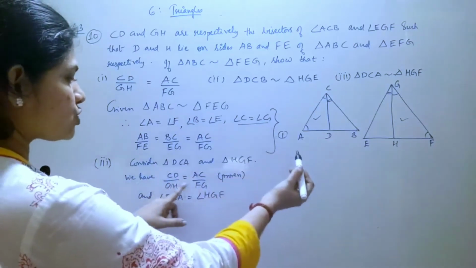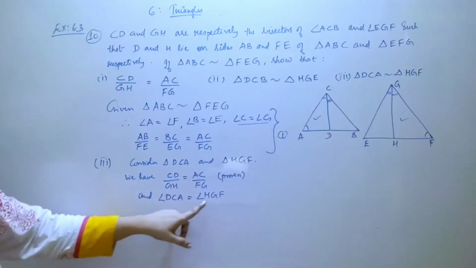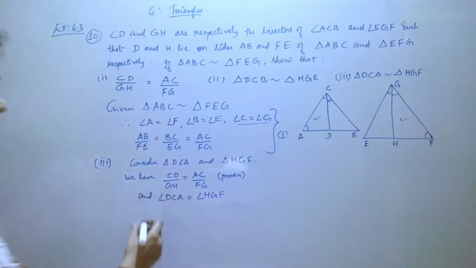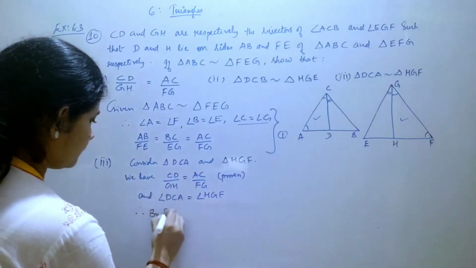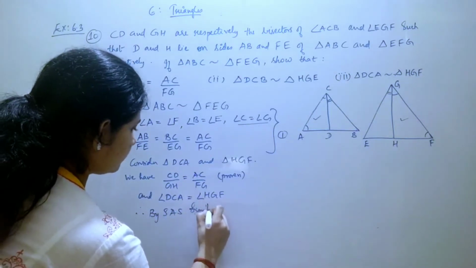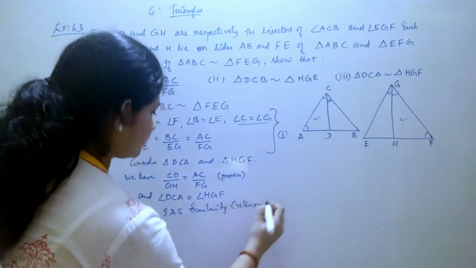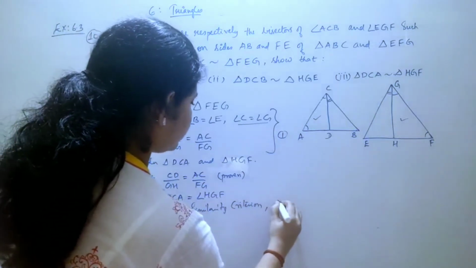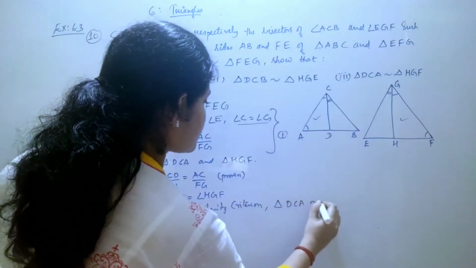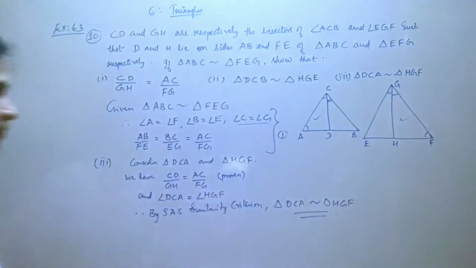You have two sides to be proportional and in-between angle to be equal. So you can use your SAS similarity criterion: triangle DCA is similar to triangle HGF. Clear?